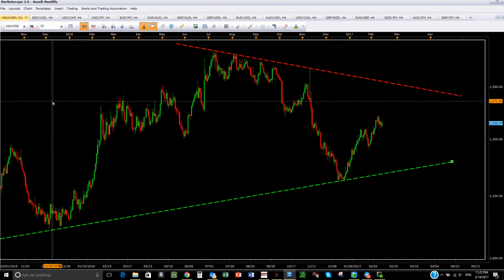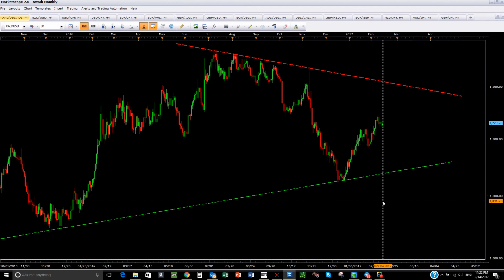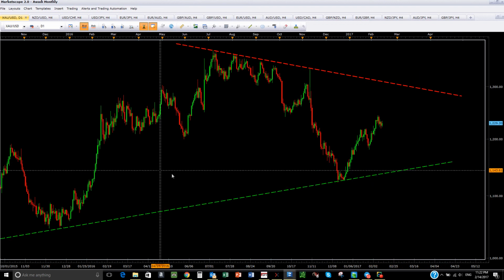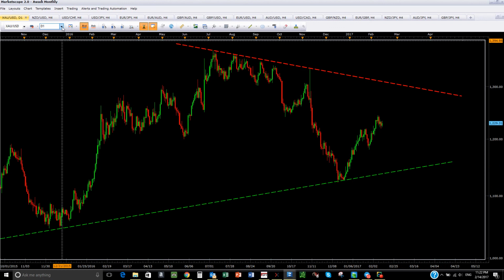So this is the daily chart. Let me show you the H4, the 4 hour, in 240 days. I'm comfortable with the 4 hours, and I'm not using 6 hours or 8 hours.